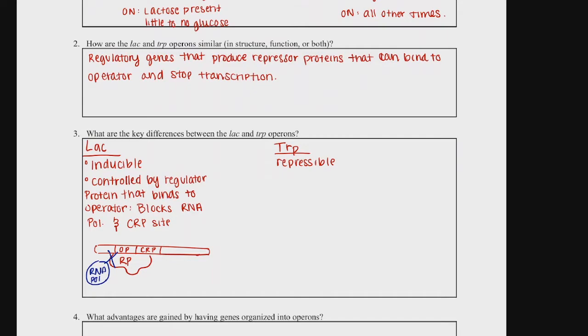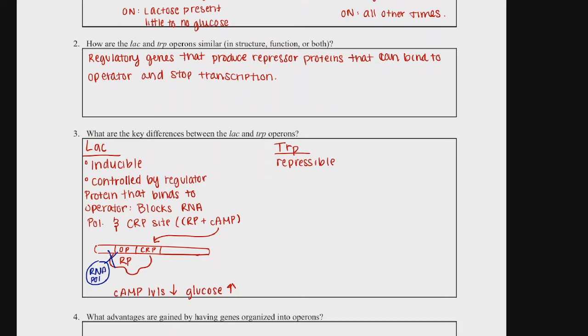Another note here is that cAMP levels are low when glucose is present, and CRP and cyclic AMP are what form a complex at that site, and that's what enhances the expression of the lac operon.